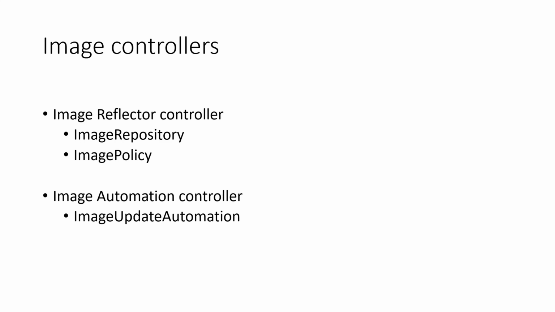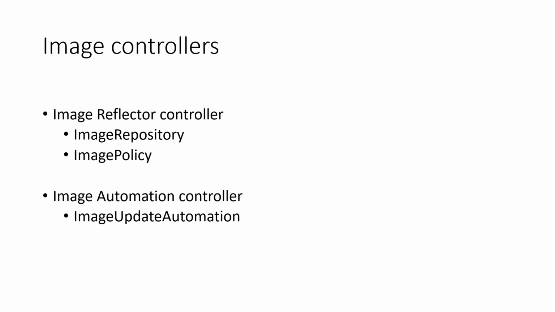With both the image repository and image policy, we get a specific container and the version that needs to be deployed to Kubernetes. This information is taken by the second controller, the image automation controller, and is written back to a Git repository wherein we store the deployment.yaml files which refer to a specific image container.